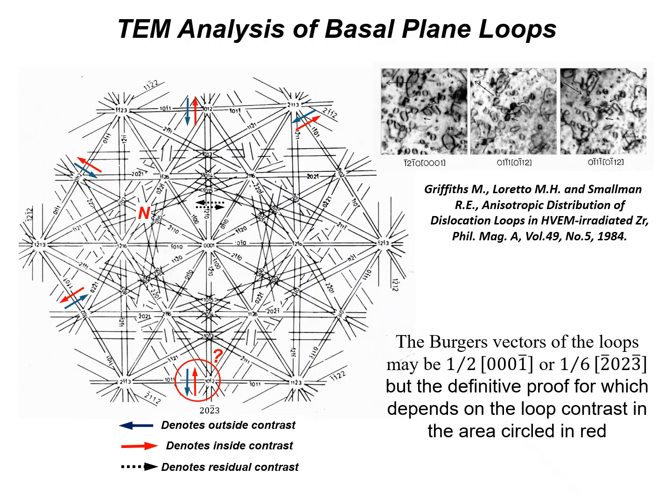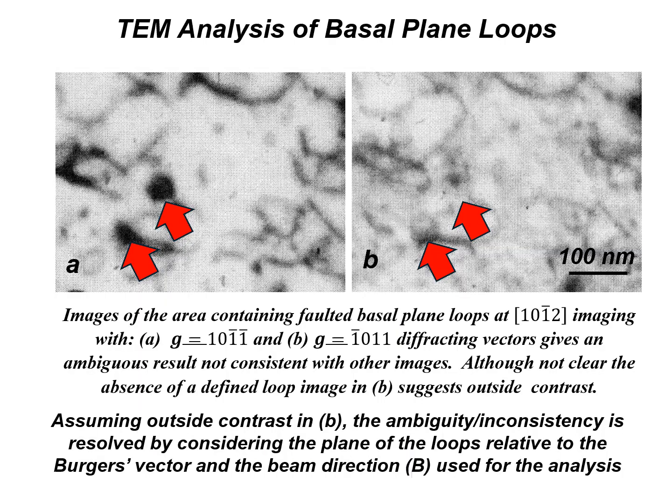Characterizing those loops is particularly difficult. My initial conclusion was that they were a half [0 1 bar 1], but a re-examination in more recent years has shown that they can be either, and that's because of the ambiguity in knowing when you have the loops in contrast. I didn't say that very well.